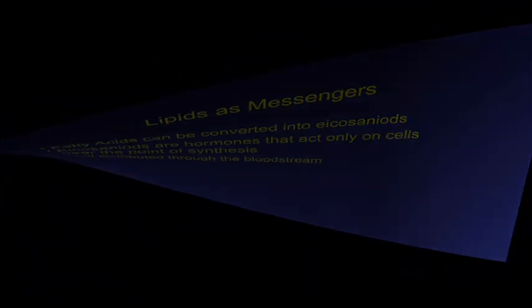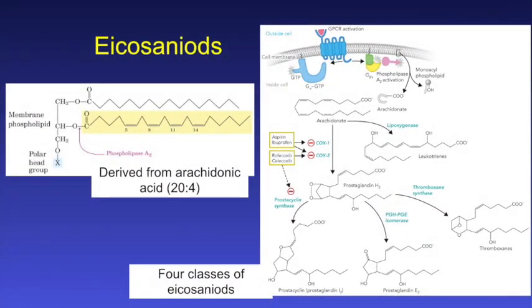And so these particular fats are derived from arachidonic acid, which is 20 carbons long with 4 unsaturations. Arachidonic acid is actually an essential fat because the unsaturations in the 11th and 14th position cannot be done by humans.